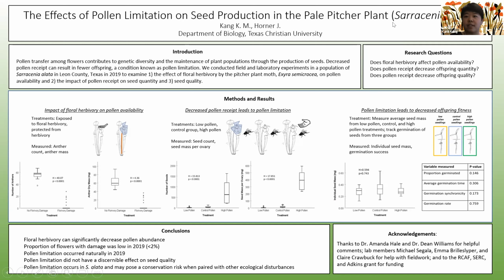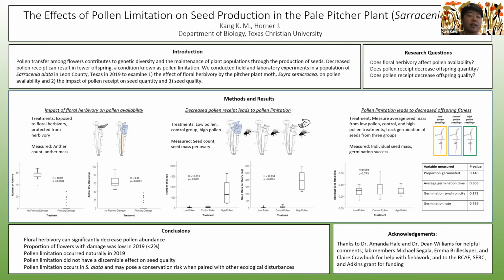In order to address our second research question, we took flowers from throughout the bog and we divided them into three treatment groups. A low pollen group, which only had access to pollinators for part of the flowering season, a control group, which just had natural pollination for the entire flowering season, and a high pollen group, which in addition with natural pollination was also given hand pollination from donor flowers randomly selected throughout the bog.